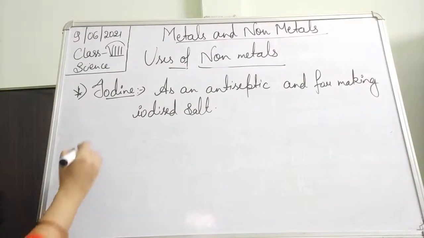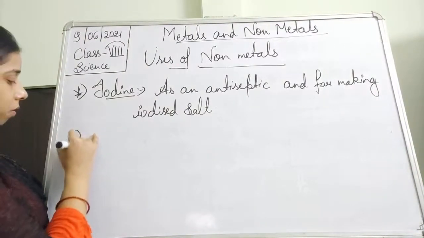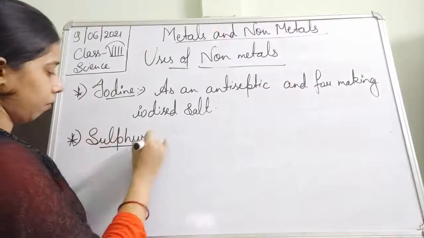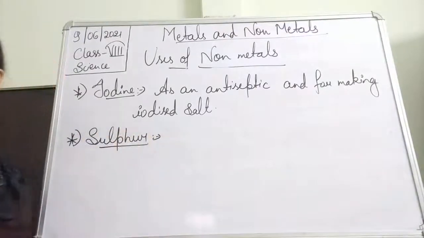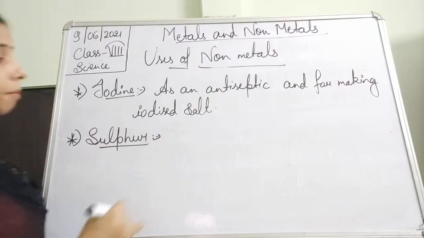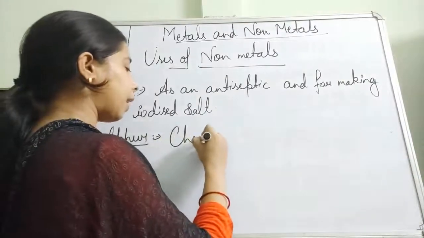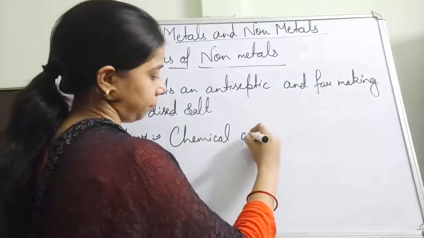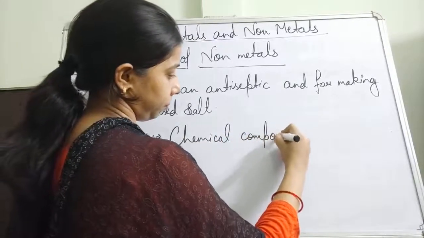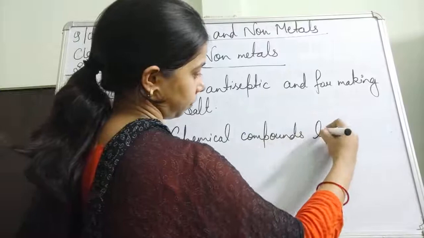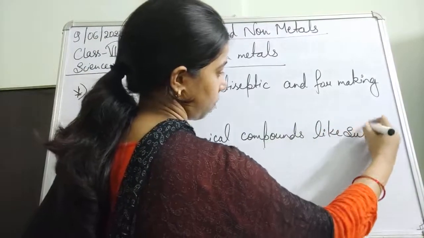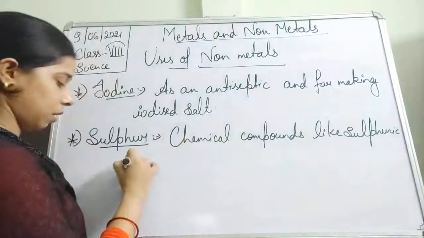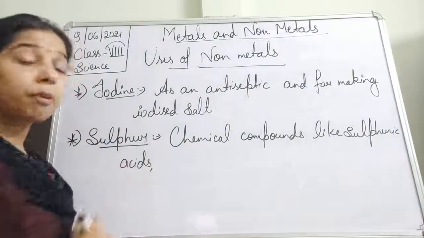In case of sulfur, so sulfur is used in making the chemical compound like sulfuric acid. Sulfuric acid, it is used for making the chemical.